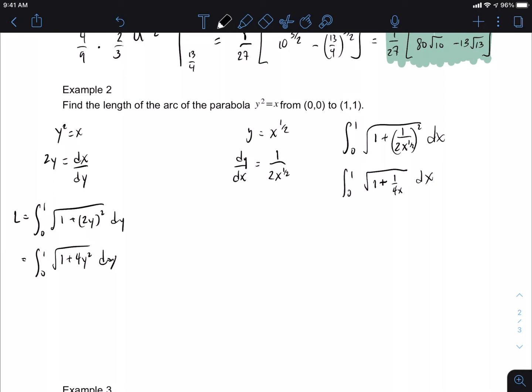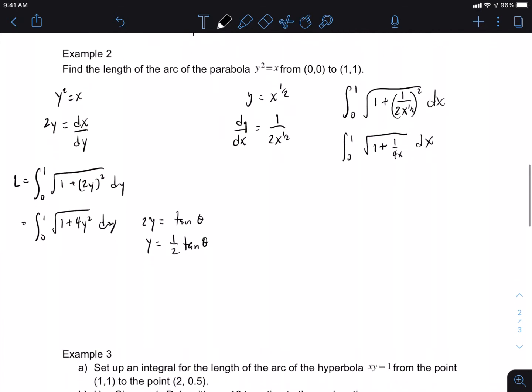So then y is equal to, I'll do it this way, 2y is equal to tangent theta. But to make my life easier, y is 1/2 tangent theta. When I take the derivative of this, dy is equal to 1/2 secant squared theta d theta, correct?